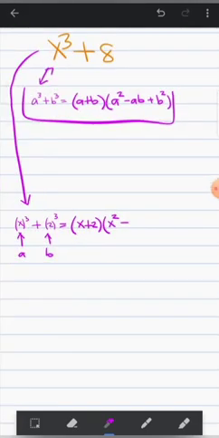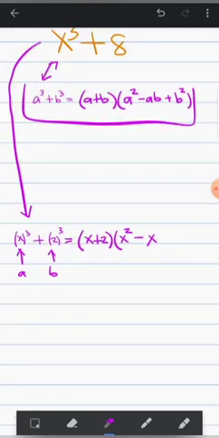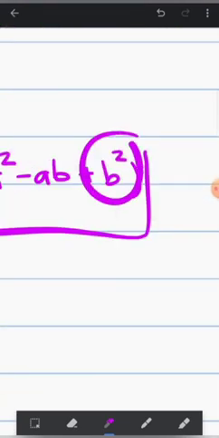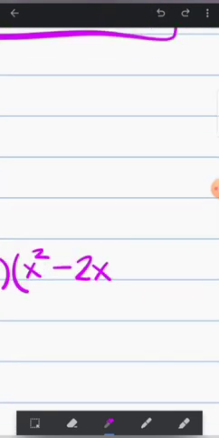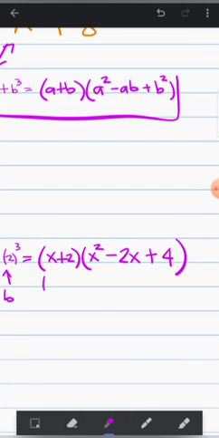Then minus a times b, so x times 2, or you can just write it as 2x. Then finally, b squared. Our b is 2, so it's just 2 squared, which is equal to 4. So this is now our factor: x plus 2 times x squared minus 2x plus 4.